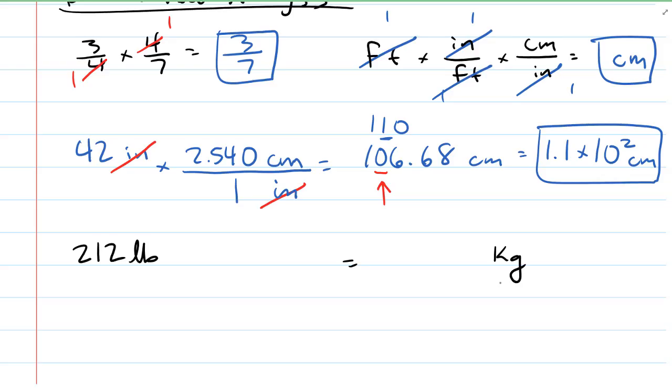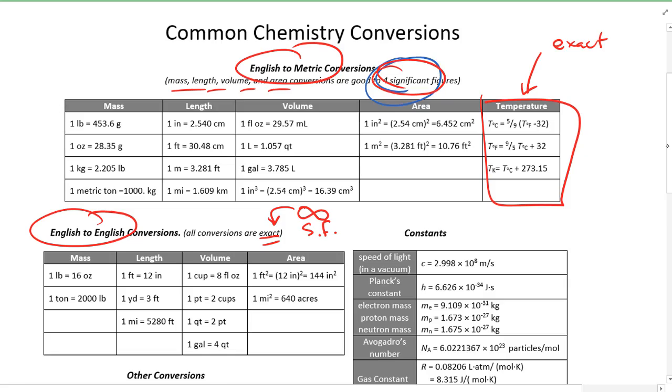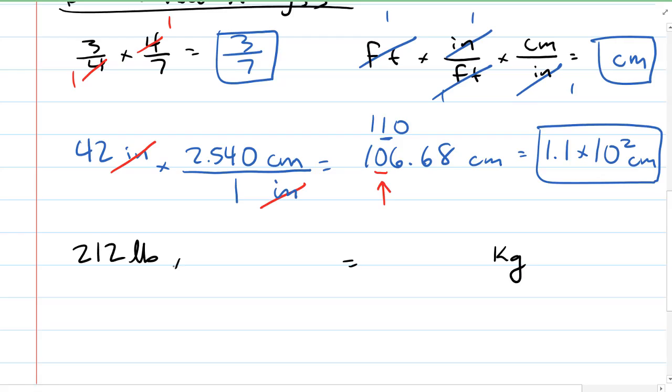Now if you want to convert it to units of kilograms, we go back and we look up the conversions. And we see there's a conversion here that says 1 kilogram is the same as 2.205 pounds. Now as a conversion, which one of these here is going to go on the bottom? Pounds, because we want pounds to cancel out. And on the top we're going to put in kilograms.